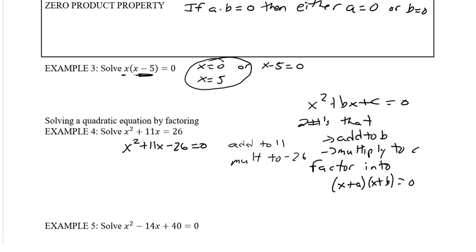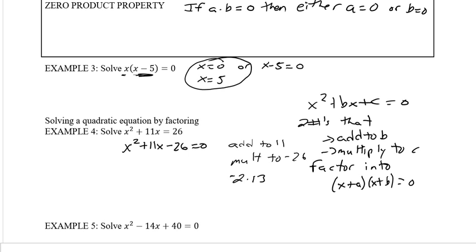So obviously 2 goes in. So 2 times 13 is 26. We need it to be negative 26. So one of these two has to be negative. Either the 2 is negative or the 13. Well, we look at what it has to add to. If we make the 2 negative, negative 2 plus 13 is positive 11.